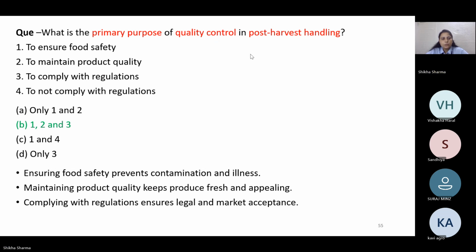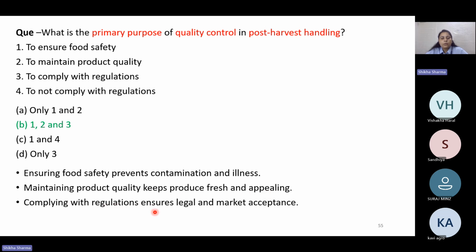Okay, so the 1, 2, and 3 statements are correct. Ensuring food safety prevents contamination and illness. So food safety should be maintained if we reduce contamination and illness, and the product quality should also be maintained, so that a fresh and appealing product will be there.